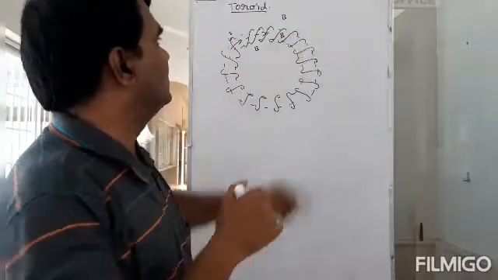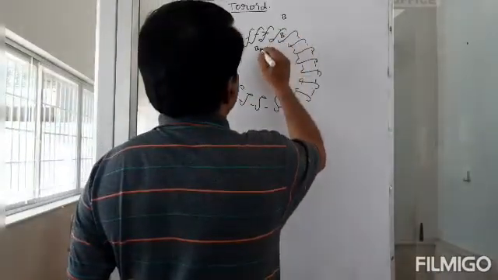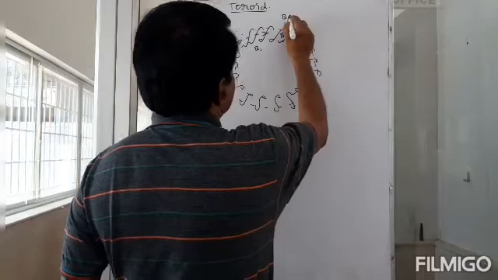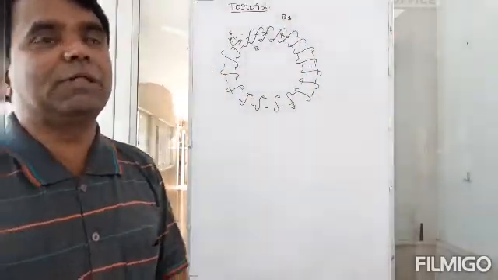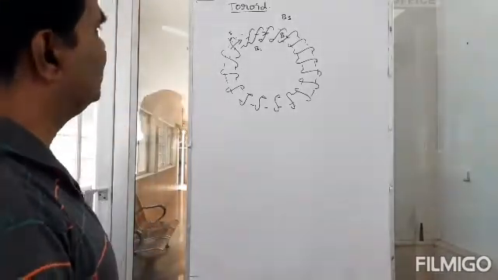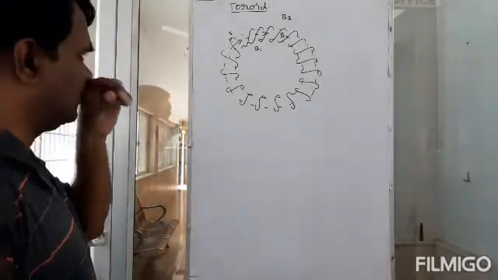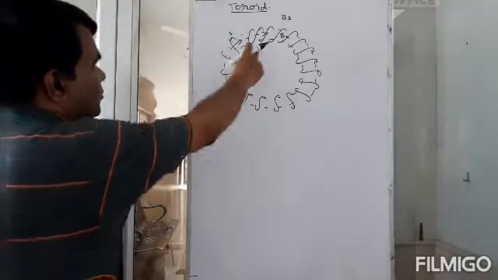This is B1, this is B2, this is B3. Let us see what will happen. One thing is, let me talk about B1.